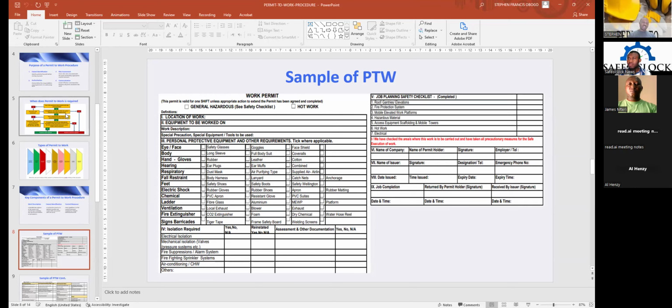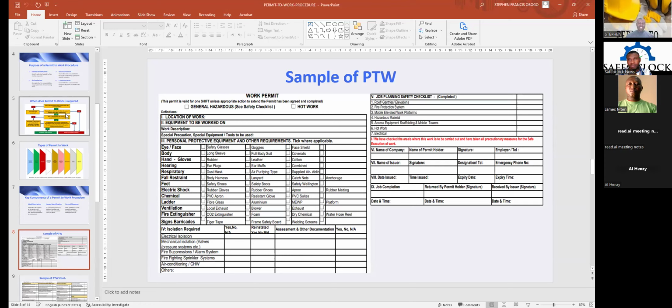Now below that, you see a special precaution, or maybe you have special tools, whatever you want to use. Then you look at personal protective and other requirements, like what we have here. You can see the use of PPE and all those things you need to do in order to reduce the risk.